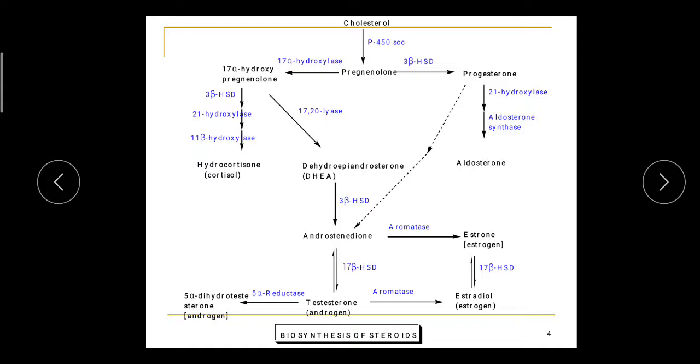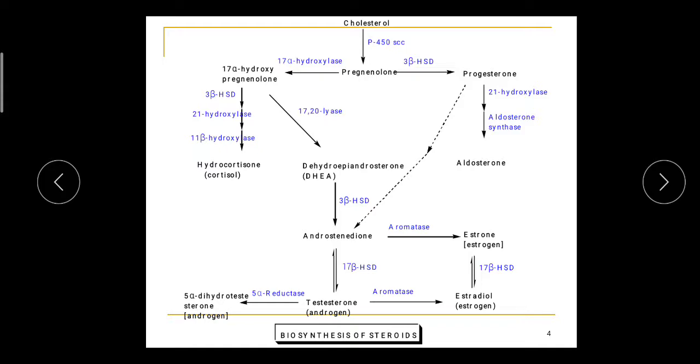This adrenal gland consists of 2 parts. One is the inner core called the medulla, and the outer core is called the cortex. From the medulla there is secretion of catecholamines like adrenaline, and from the cortex the steroid hormones are synthesized and released.